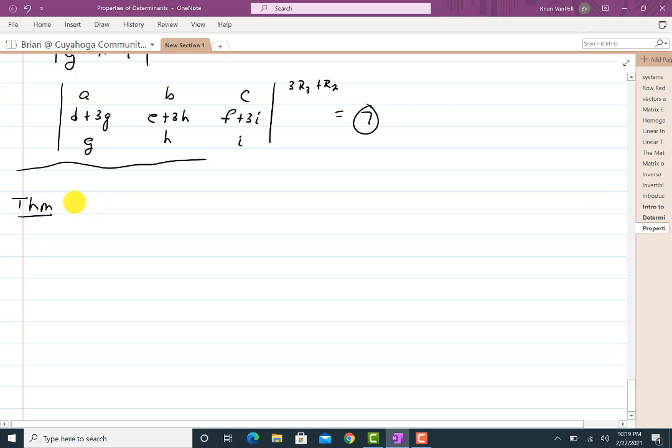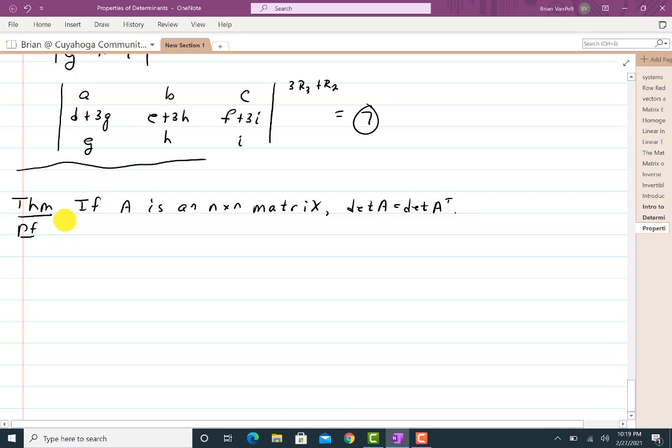Another theorem. If A is an n by n matrix, determinant A equals determinant A transpose.